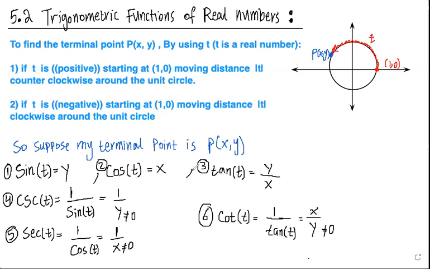Any questions? So by using the terminal point P of (x, y), we can find the trigonometric functions. So this x is the cosine of t, and this y is the sine of t.